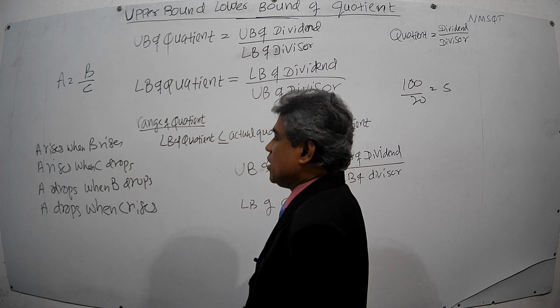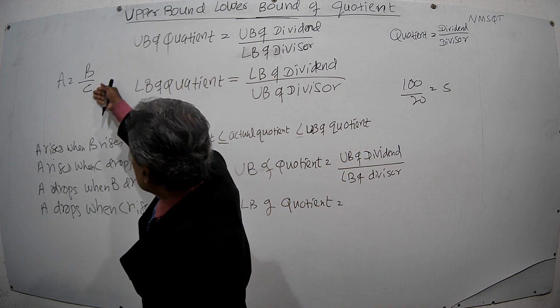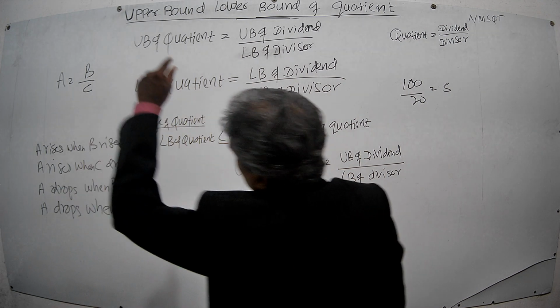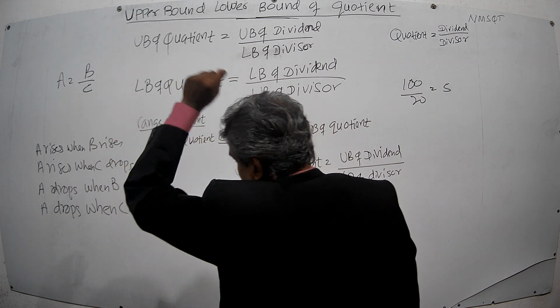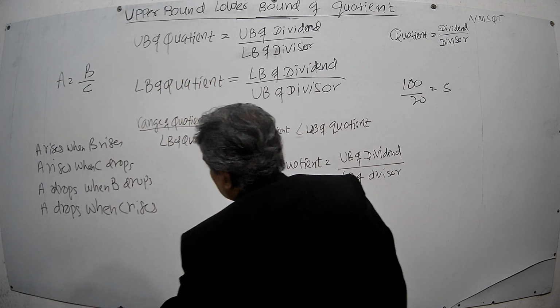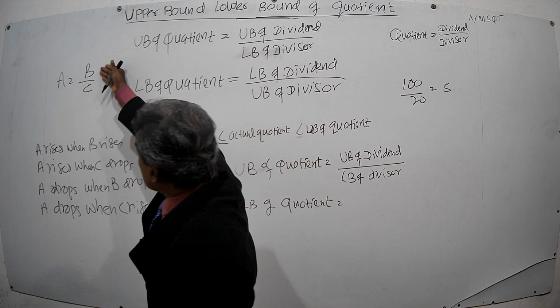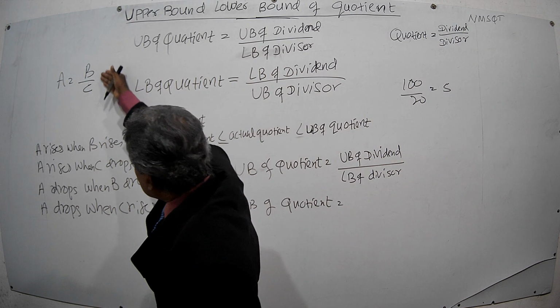So C should increase and B should decrease. For A to go to the minimum of the quotient, B should decrease to the minimum.